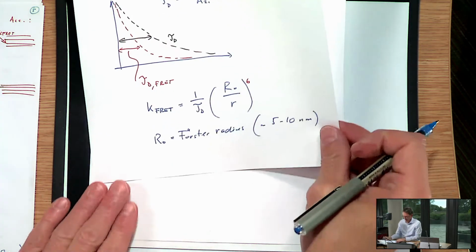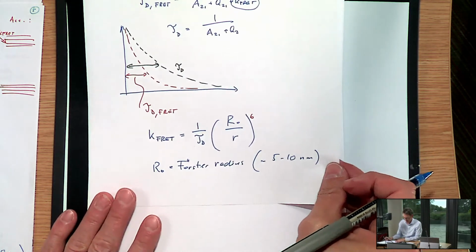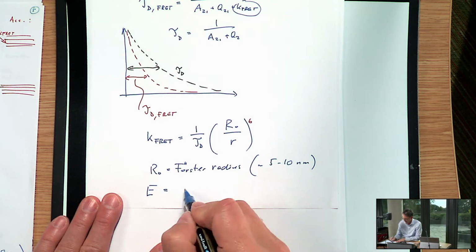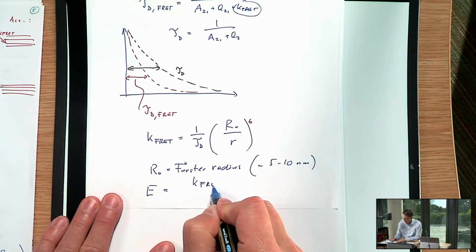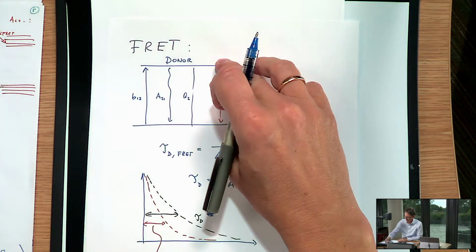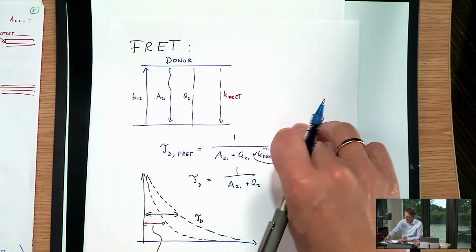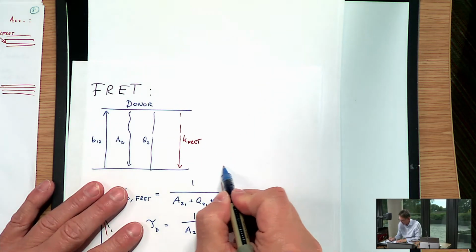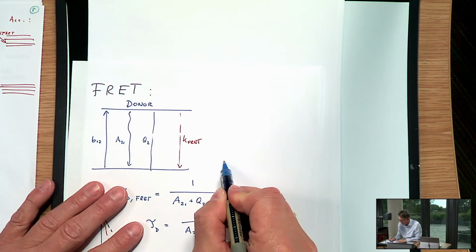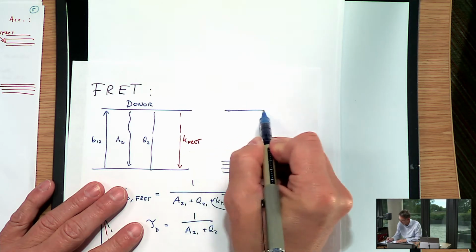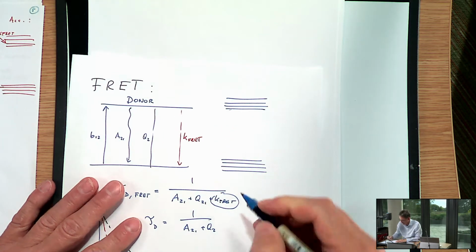And the efficiency of transfer is given by k FRET. So it's essentially, what's the efficiency of transferring energy across to the other molecule? Maybe what I should do is draw what happens. So let's suppose I have a ground state for the donor molecule and the upper states for the donor molecule.